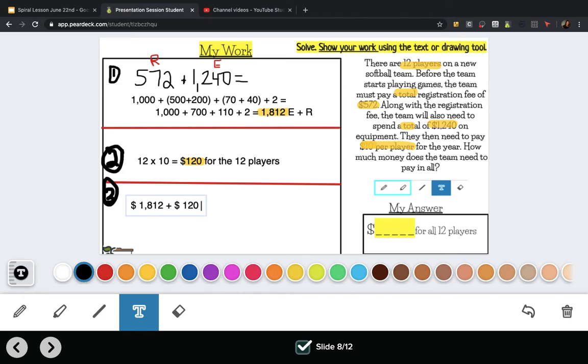Okay. So I'm going to decompose this by place value. So 1,000 plus 800 plus 100 plus 10 plus 20 plus 2.